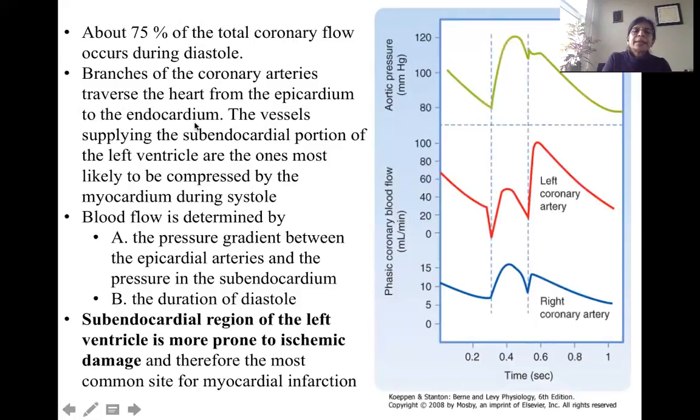All right, so let's look at the first statement here. About 75% of the blood supply occurs during diastole. Most of the blood supply happens during diastole. Basically, it's the same thing as we talked about before, because during systole, there is constriction of the coronary vessels. This happens mainly during diastole. Okay?